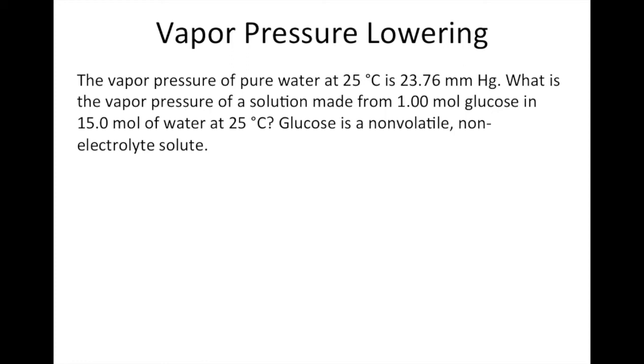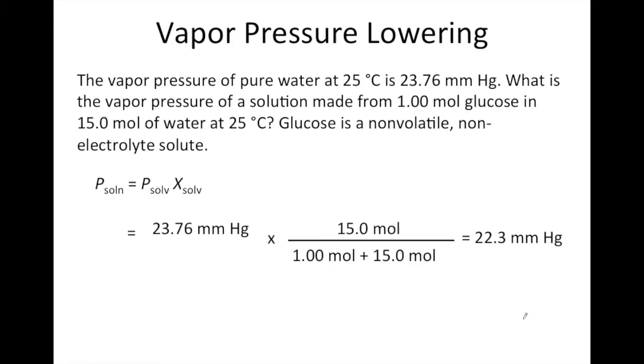Pause the video and see if you can solve for the vapor pressure of this glucose solution. Okay, so here we're given that glucose is a non-volatile, non-electrolyte. So our formula that we're going to use, the vapor pressure of our solution, is equal to the vapor pressure of the pure solvent, in this case water, times the mole fraction of the solvent.